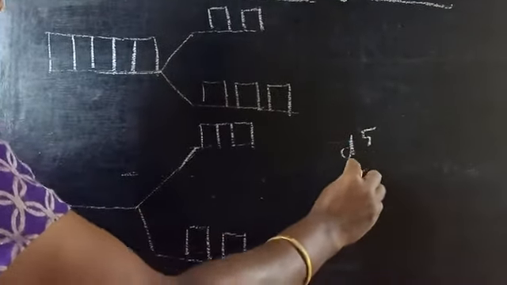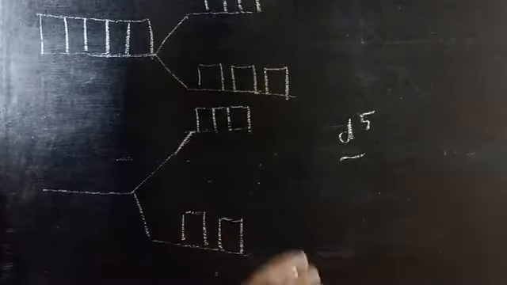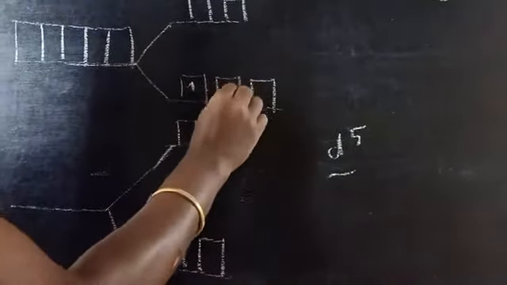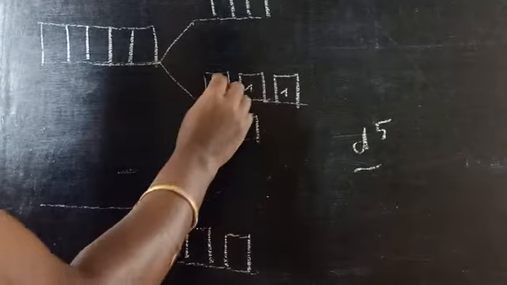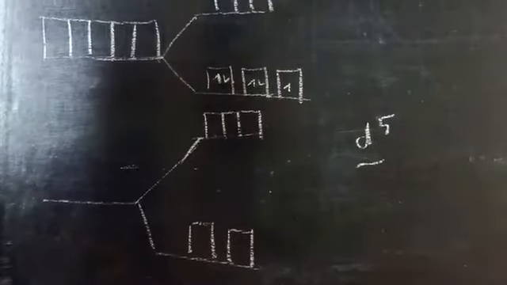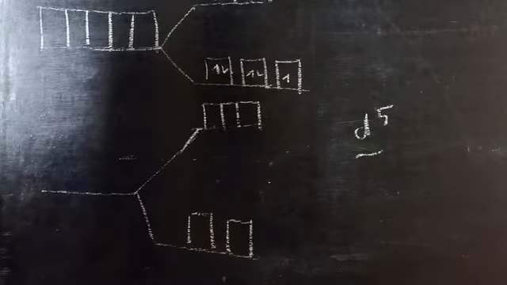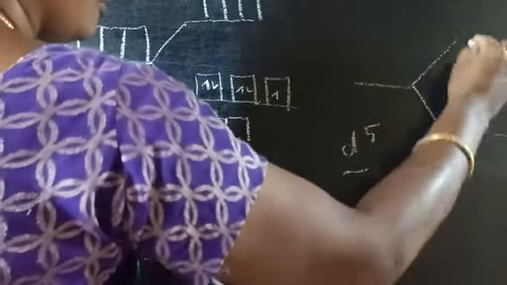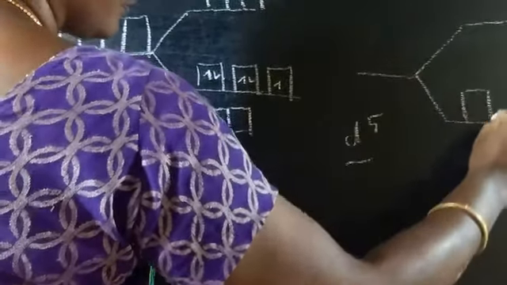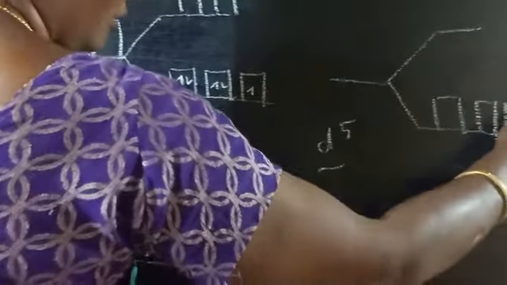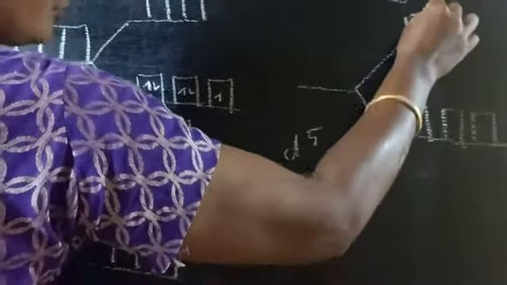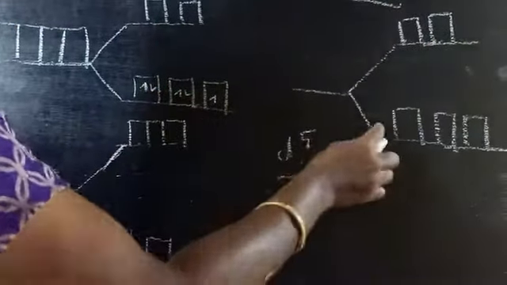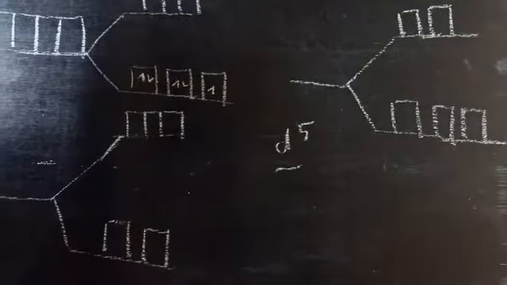Okay, d orbital with 5 electrons. This is one way to fill the electrons: 1, 2, 3, okay, 4 and 5. Another way to fill the electrons is like this: 2, 3, here 2. Okay, so this one is for the octahedral complex, and this one is for the tetrahedral complex.